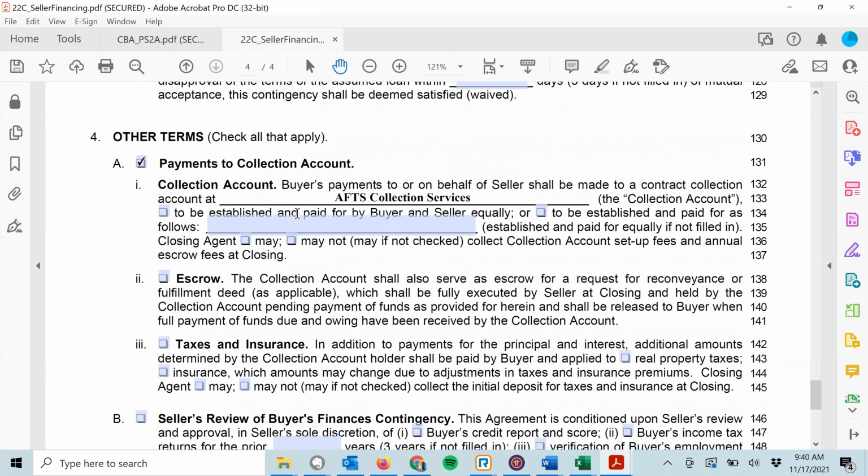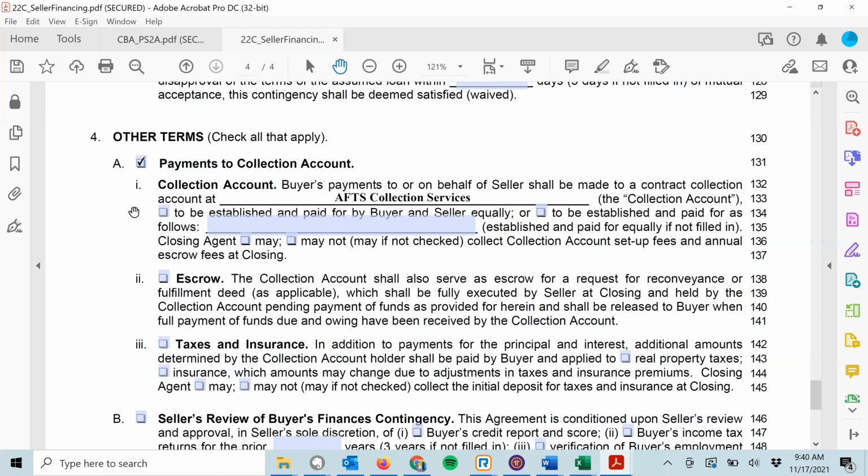And then what I tell people is there's a setup fee that will be split by buyer and seller, and then there's a monthly fee that will be split by buyer and seller. So it's like $250 to set it up and $10 a month to service it. So that means buyer and seller are each going to pay $125 to set it up and $5 a month to process those payments. Does that make sense, Lawton? It does. Yeah.